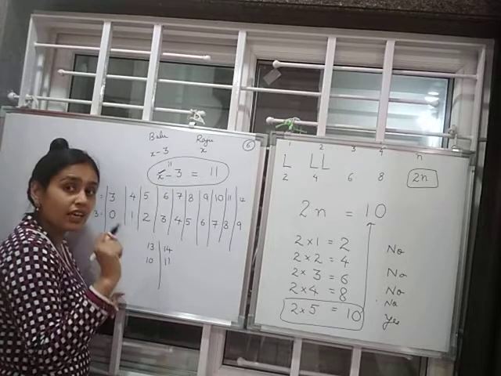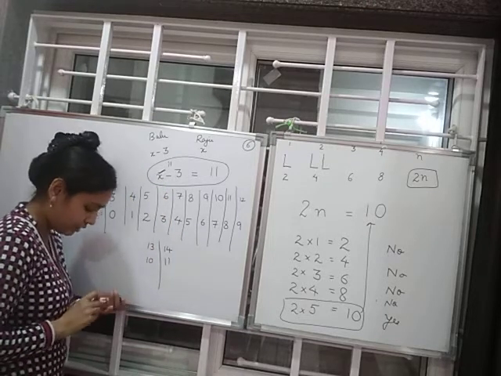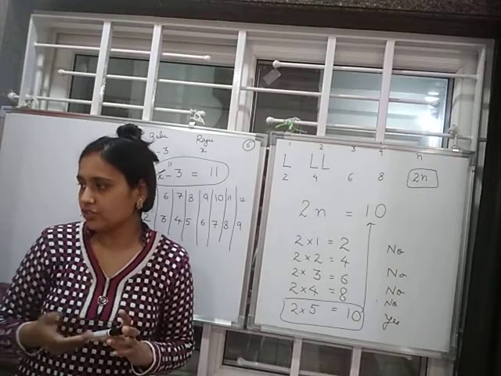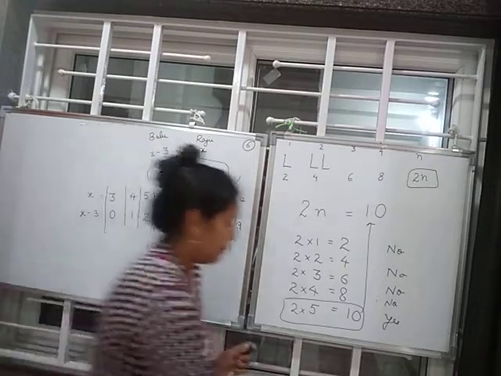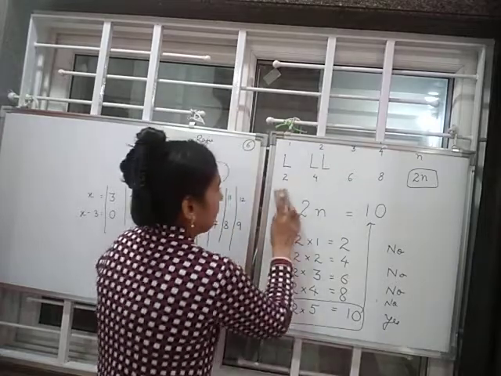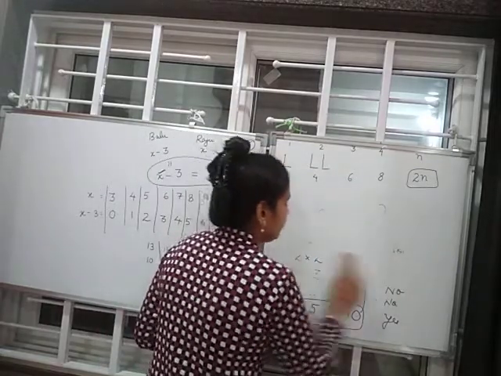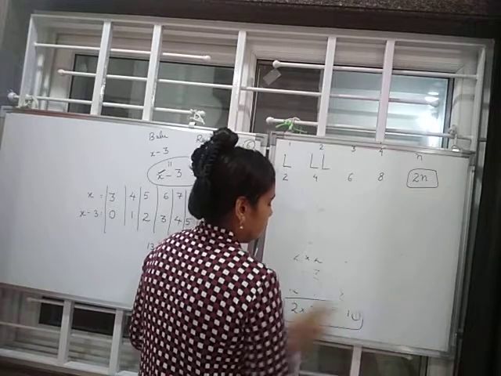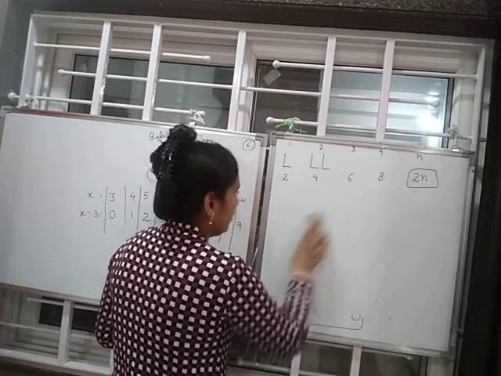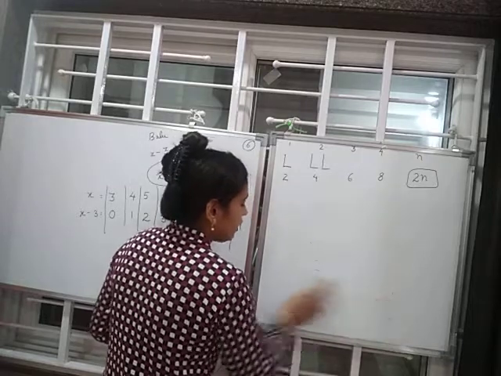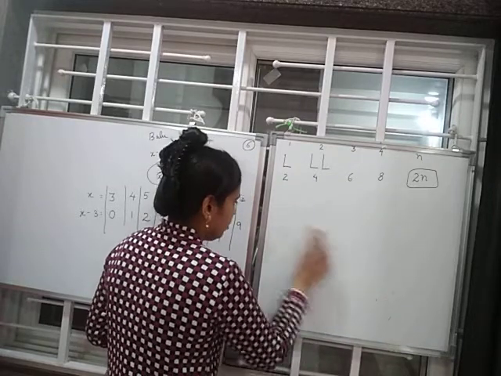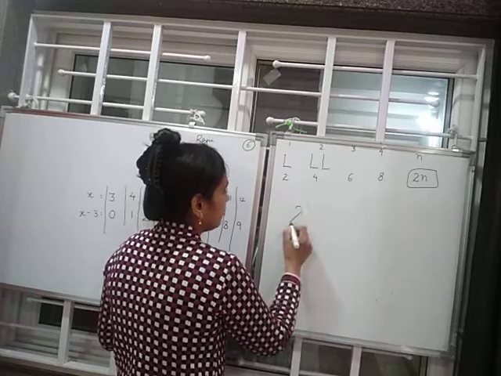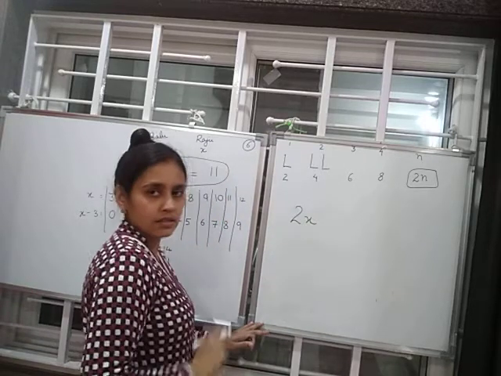Now you must be thinking, what is an equation? Very simple. That is the definition which is written in your book. But I will give you the simplest definition. This is algebra.